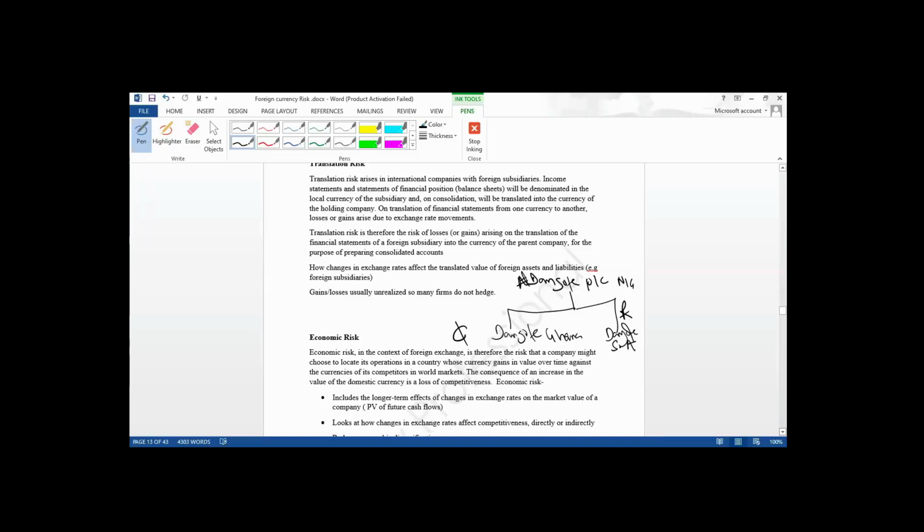Look at Mobil Oil. Mobil Oil with parent company in US has investments in Nigeria. You have Mobil Oil Nigeria, a subsidiary of Mobil Oil, United States.